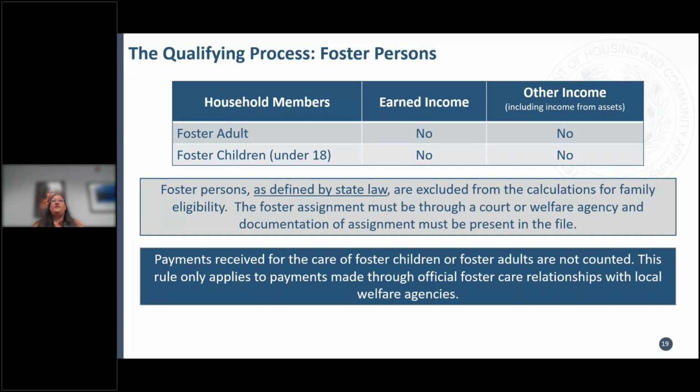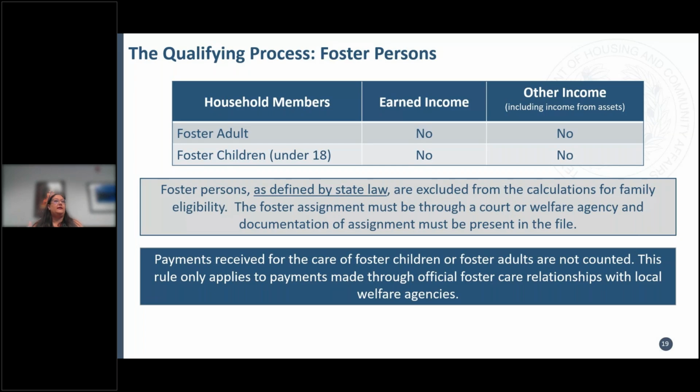But if I tell you that, oh, my nephew was taken away from my sister and now I have him through a foster kinship arrangement, here is the court order for that. That is a foster arrangement, and he would not count towards my household or for eligibility purposes, but I would probably need an extra bedroom for him. And so it would impact my household, my unit size that I would need to rent.